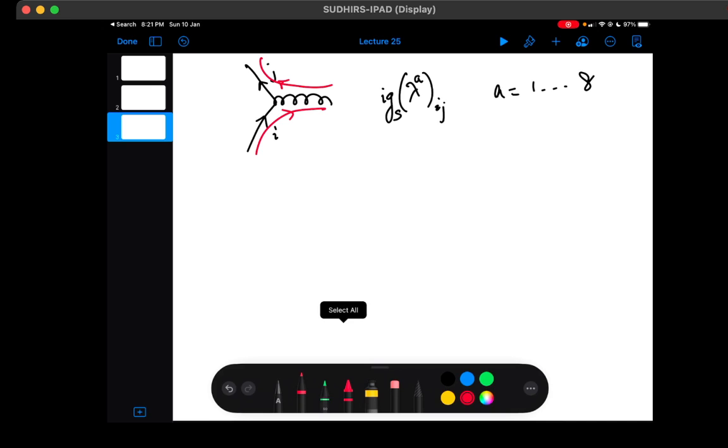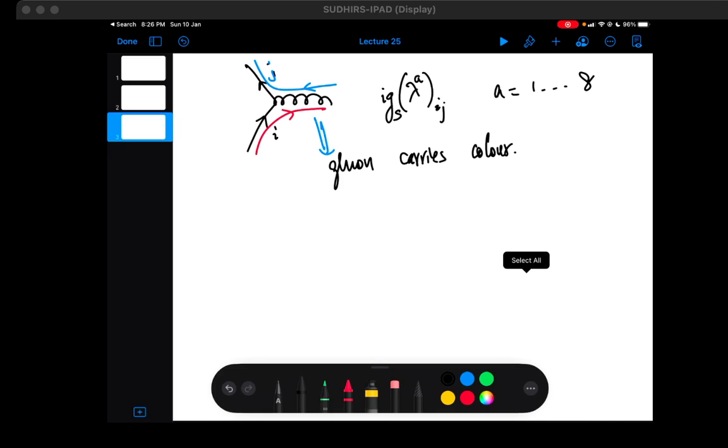Sorry, I should put it in a different color. The main thing is that the gluon carries color, and this, as you know, leads to various interesting aspects, which we'll see today.